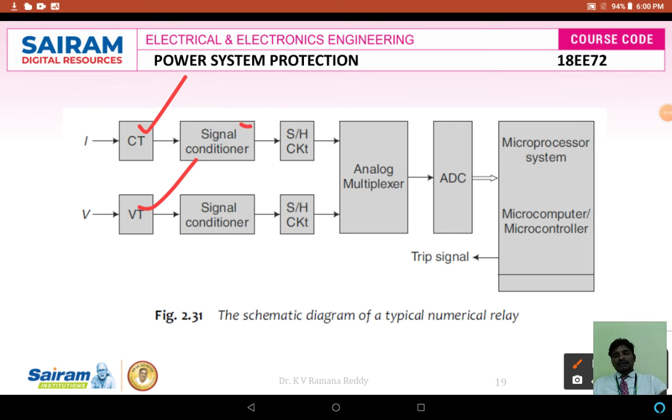They are then given to signal conditioning, to distinguish whether it is due to transients or faults. Then they are given to sample and hold circuits to identify whether the fault persists for a particular time interval. With the help of an analog multiplexer we compare both voltage and current, because under short circuit condition the current is maximum and the voltage is to be 0.